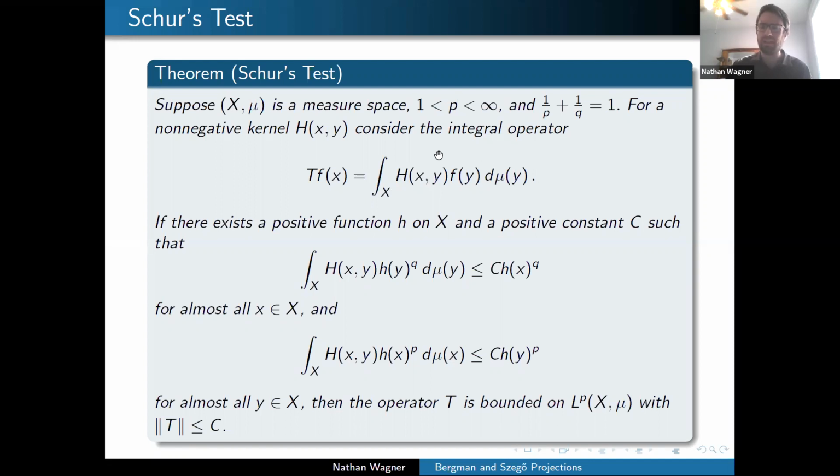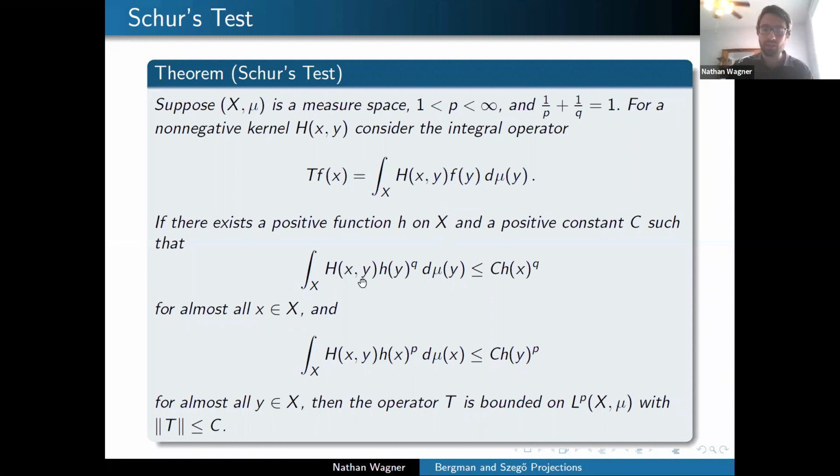And then we're going to apply Holder's inequality by writing the kernel as H to the 1 over p times H to the 1 over q, because 1 over p plus 1 over q is 1. And then we'll also introduce the test function h, and I think we'll do that by writing h to the 1 over p times h to the minus 1 over p or something like that. Then you do Holder's inequality appropriately, and you'll get two factors.